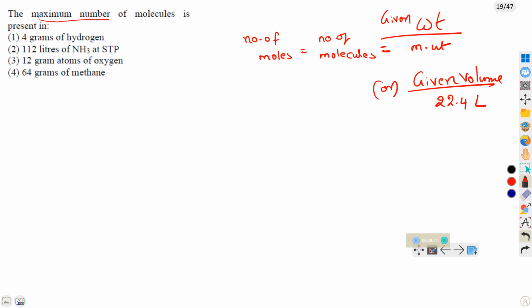Now, 4 grams of hydrogen. Mole concept is applicable at STP condition. At STP, hydrogen is available in the form of H2. So based on that, you can check it.